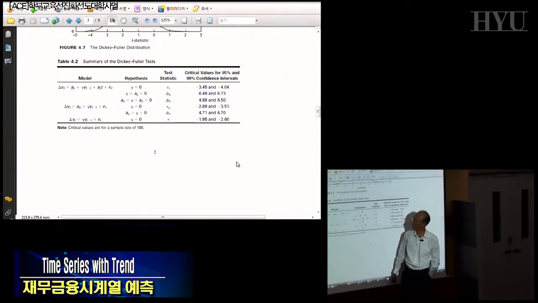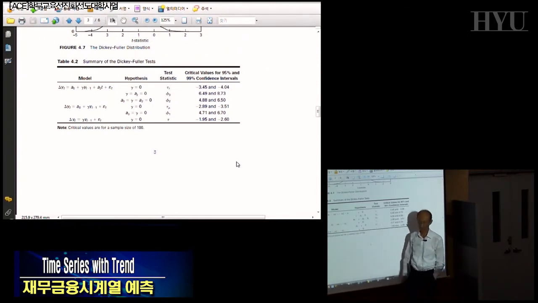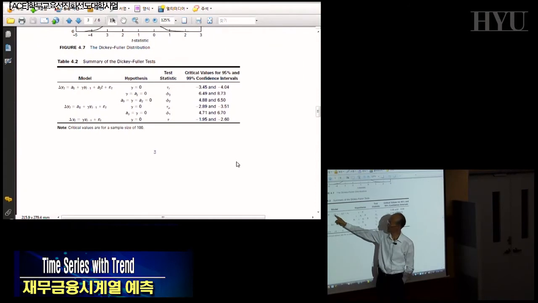Suppose you're suspecting that Y_t is a random walk or containing one unit root, and you want to test whether in fact gamma is 0.